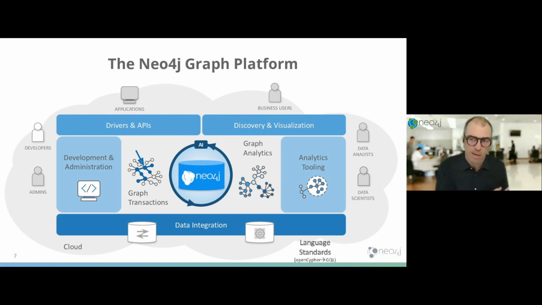We need things like integration tools and visualization tools and development tools and analytical tools. There's a lot of components that really should surround that graph database to get to value more quickly. And that's the entire vision. We've been chipping away at this for a long time. Core thing is still the database, lots of things around it.